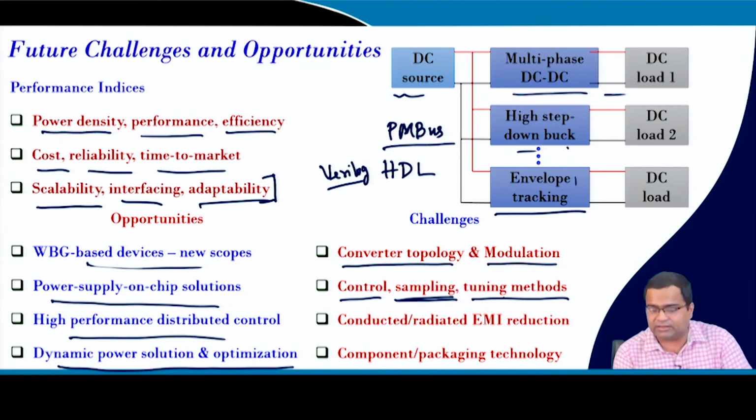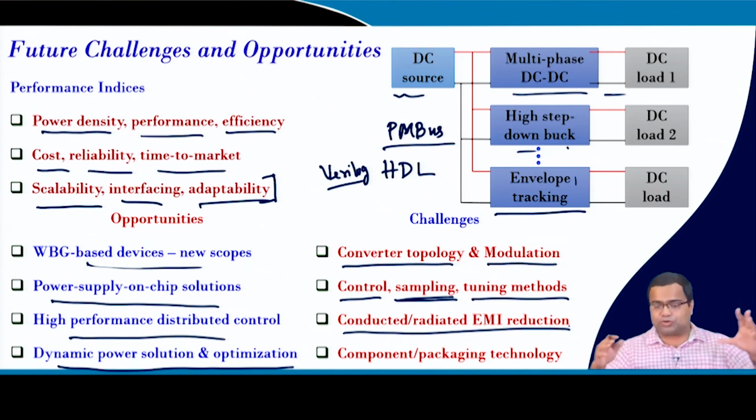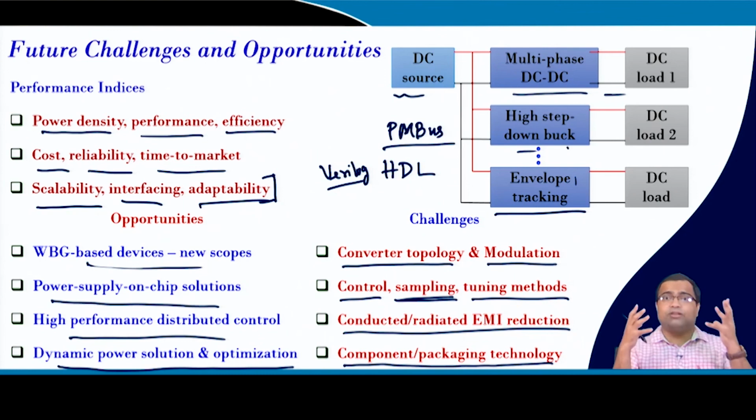Then conducted and radiated EMI: we need to go for active EMI control. That means the digital control should also take care of active EMI reduction by means of control. And finally, component packaging and technology are also going to be very important for the future.